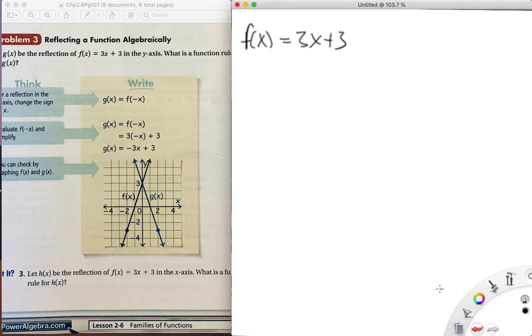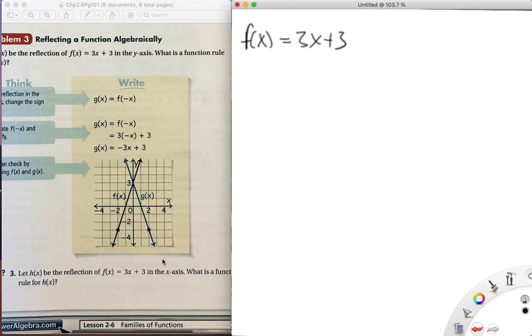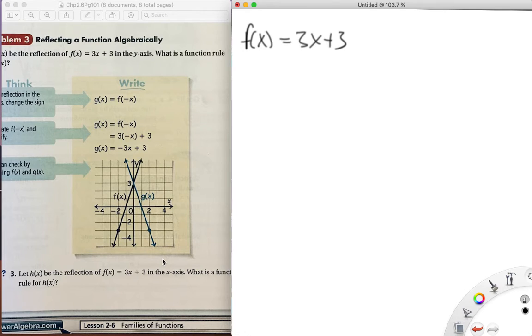H of x is going to be the reflection of that, and it wants the reflection across the x-axis. So g of x equals the reflection across the x-axis, so it will be the negation of the whole entire function f of x.